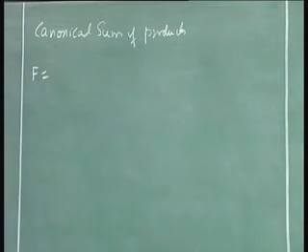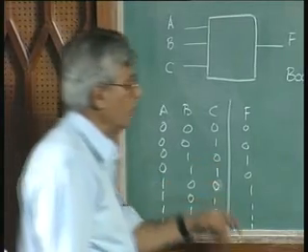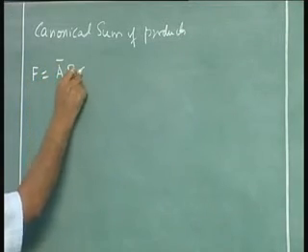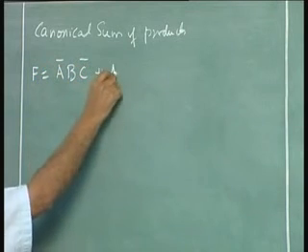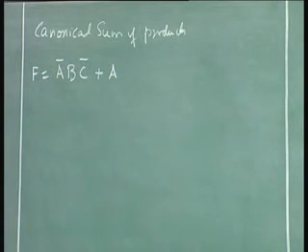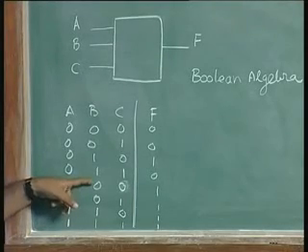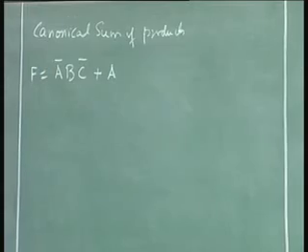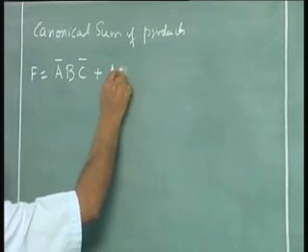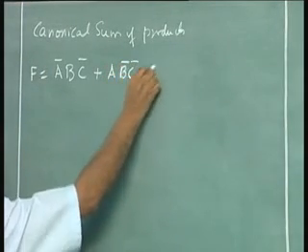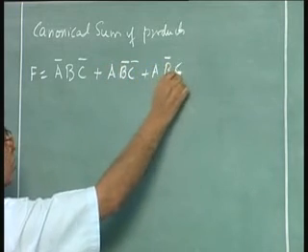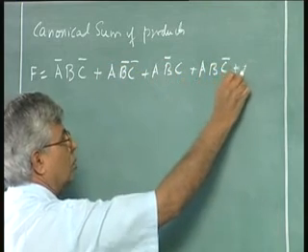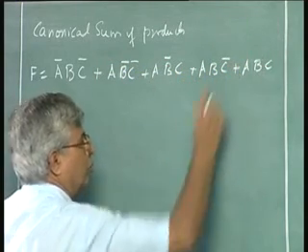true if A is not true, B is true, C is not true. Then A is true, and all possible combinations: A true, B not true, C not true; A true, B not true, C true; A true, B true, C not true; A true, B true, C true.